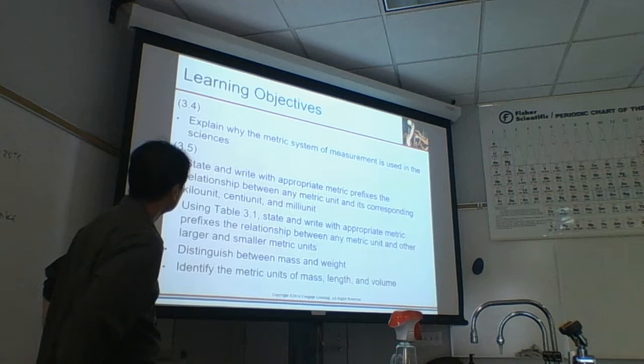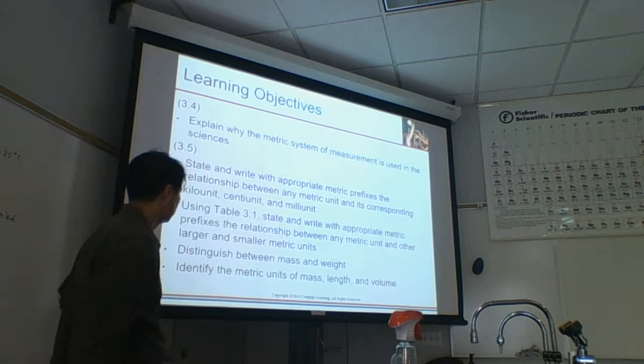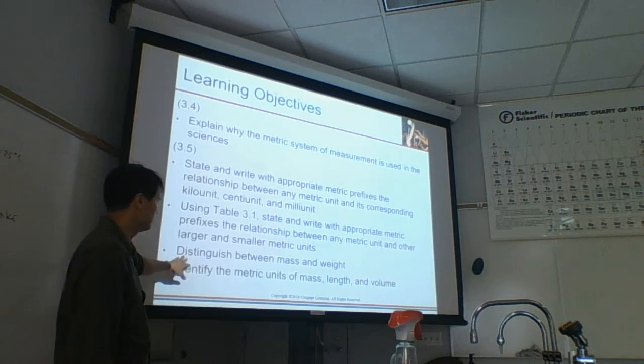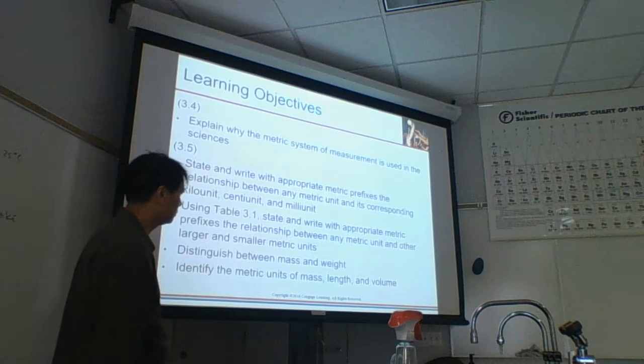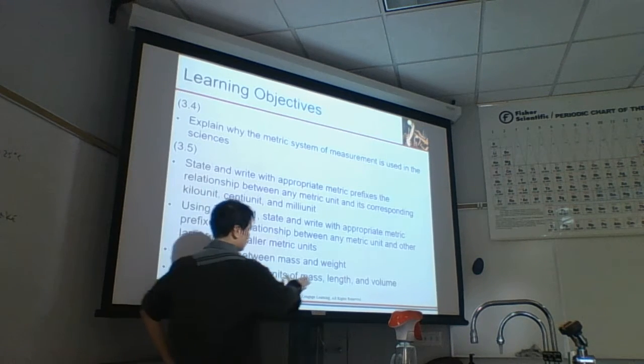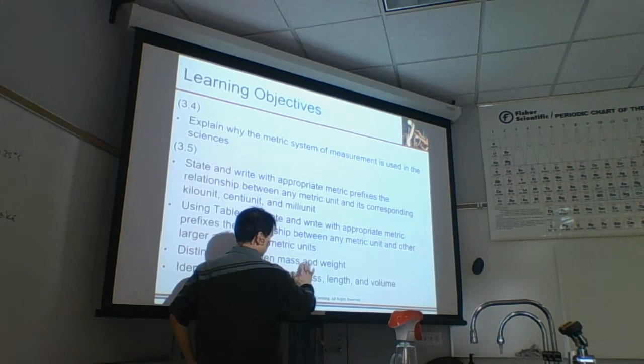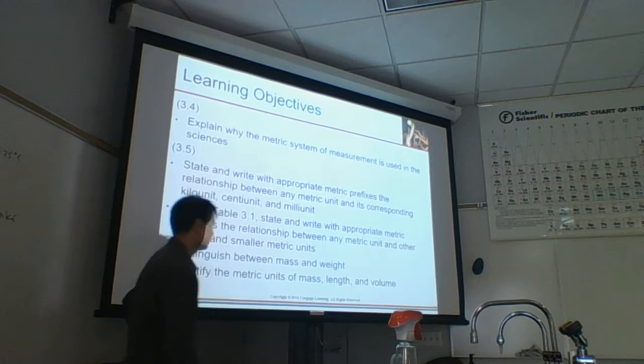A metric system versus English units. Metric prefixes, talk about that. Further, distinguish the difference between mass and weight. Mass and weight are often used interchangeably, especially by chemists, but physicists would never mix these two up. We'll talk about that.